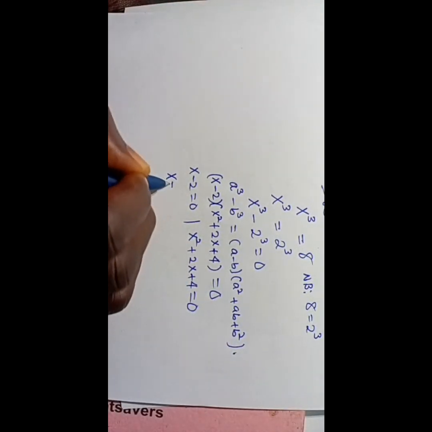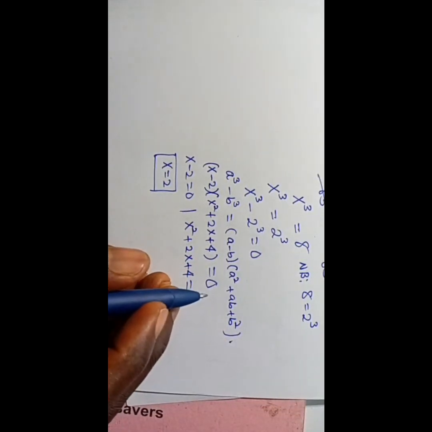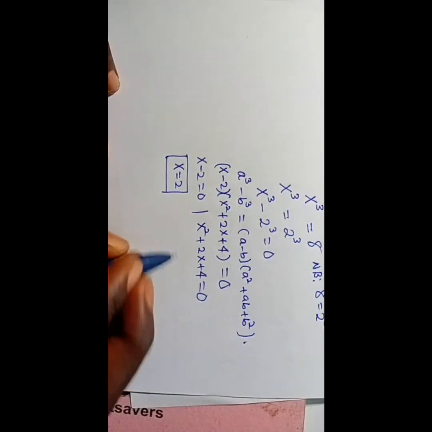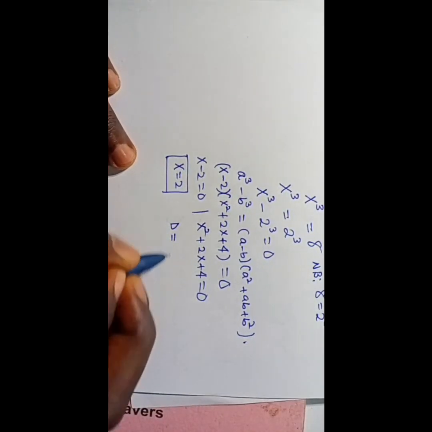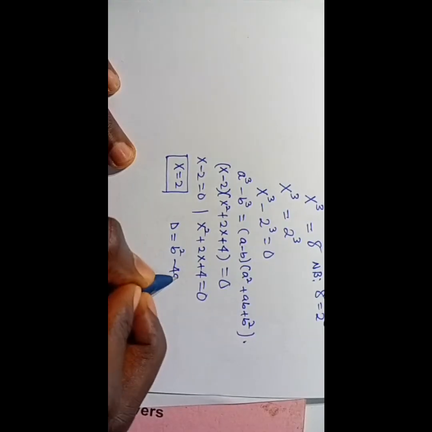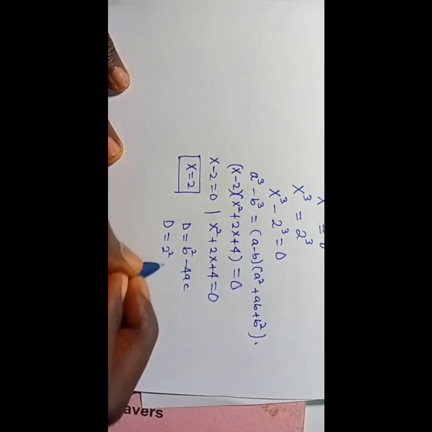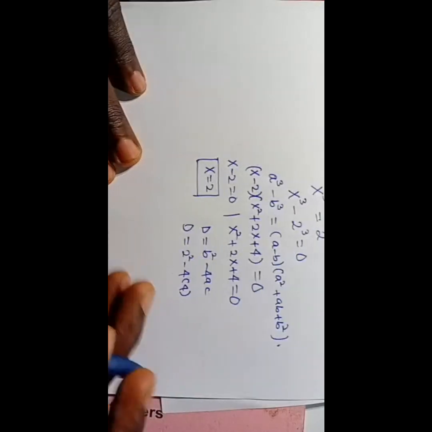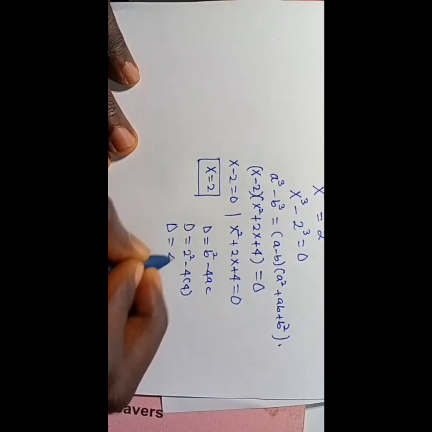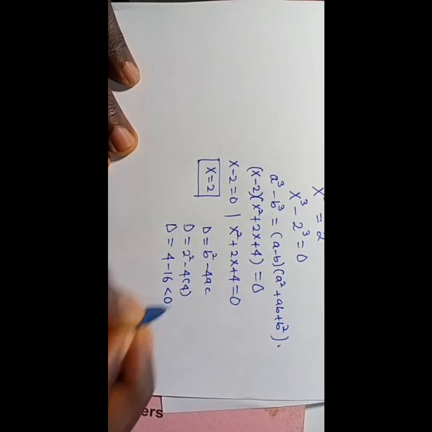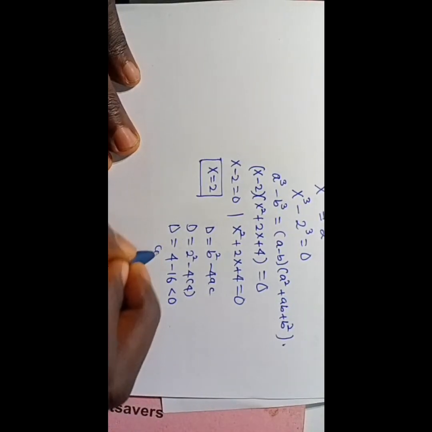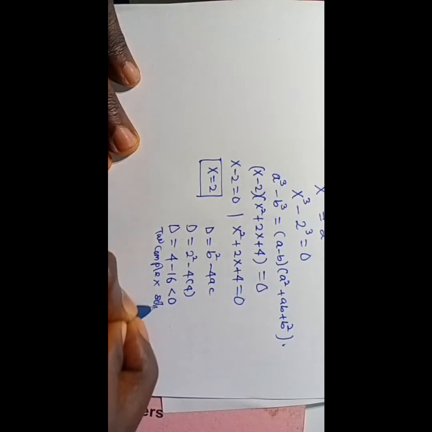From here, x equals 2. Now the discriminant gives two complex solutions, so we rejected this.